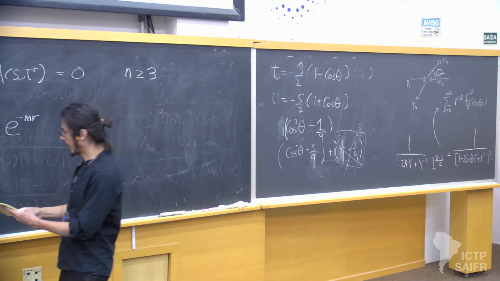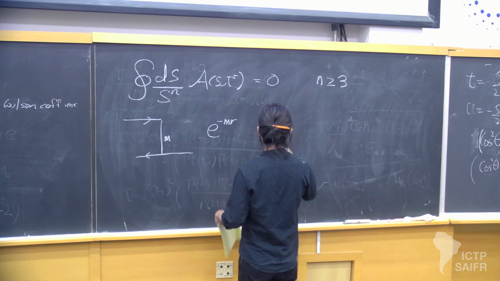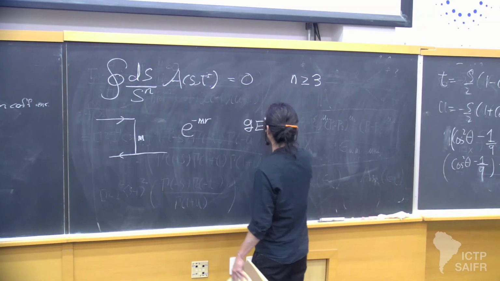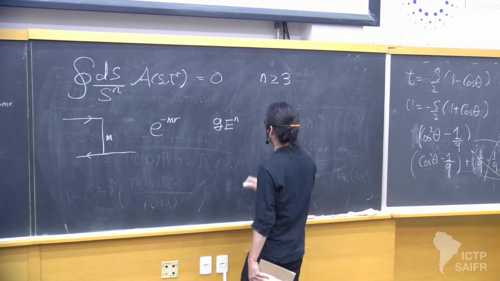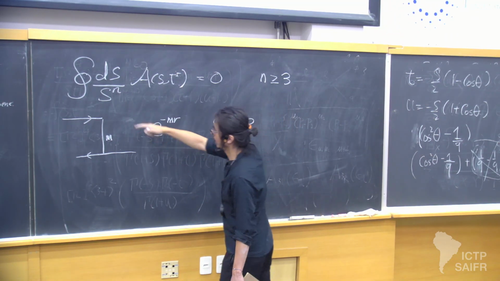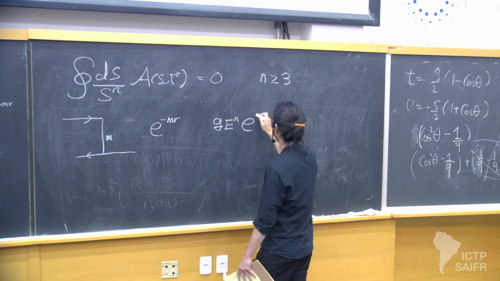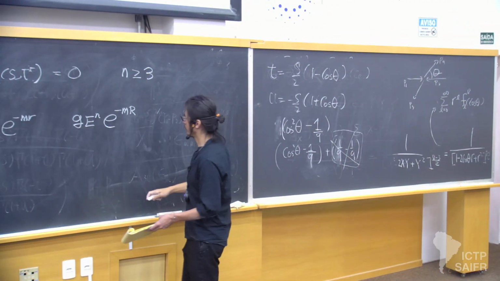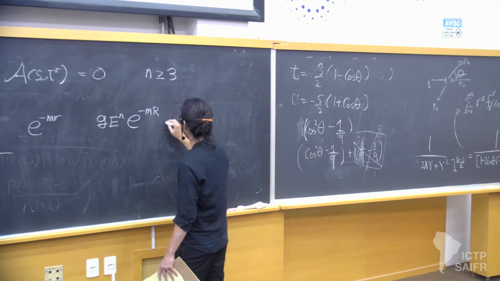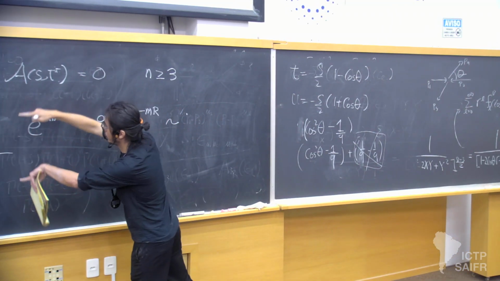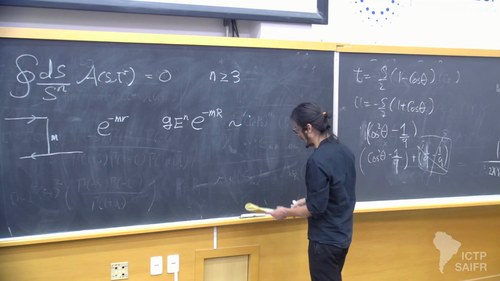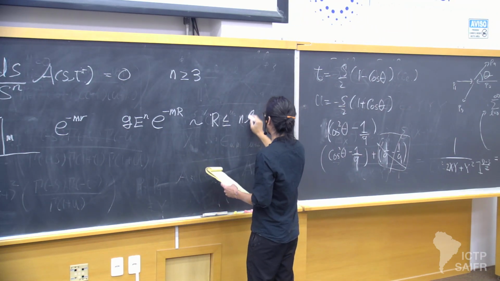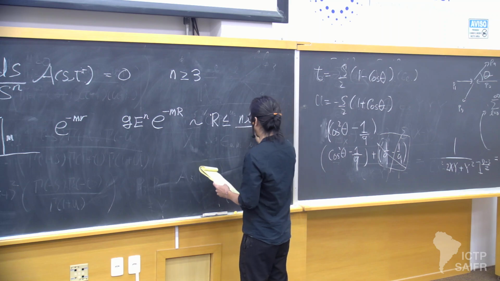So that means that your amplitude should be proportional to something that looks like g, a coupling constant depending on the center of mass energy, to some power. I don't care what that power is. But in what we call impact parameter space, this has the exponential mr suppression. And so this tells you that this interaction strength is only relevant when the separation of these two particles, in the impact parameter direction, is r smaller than or equal to n times log s over m.